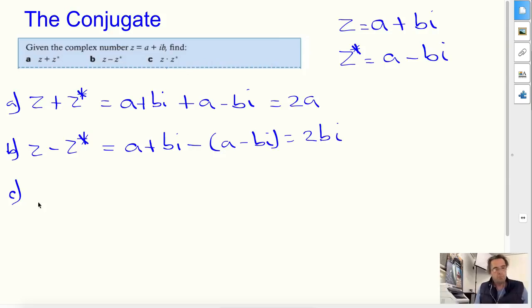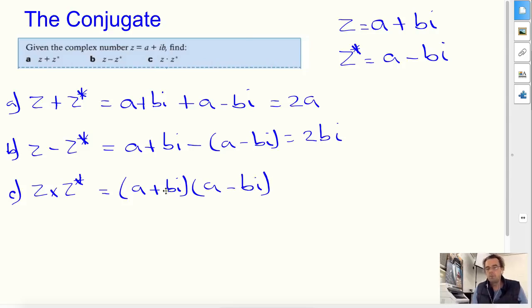What happens when you multiply a complex number by its conjugate? That's when you have a plus bi multiplied by a take bi. Feels like the difference of two squares coming up. So let's FOIL this, okay? a squared and take abi, and then this one plus abi. See, they cancel.